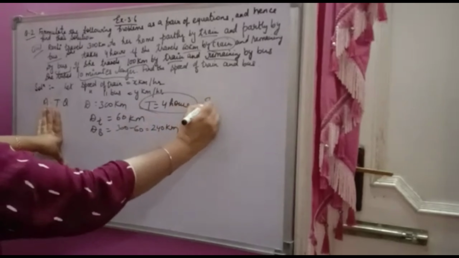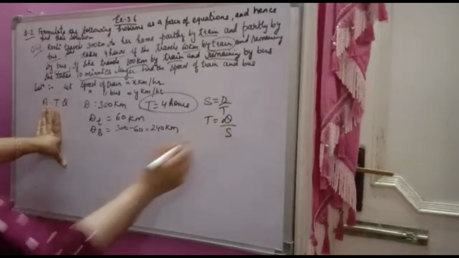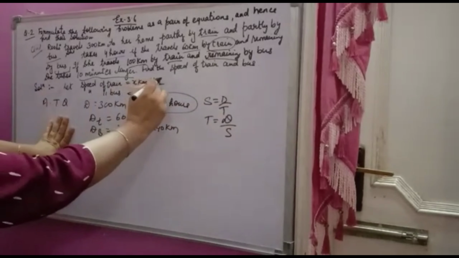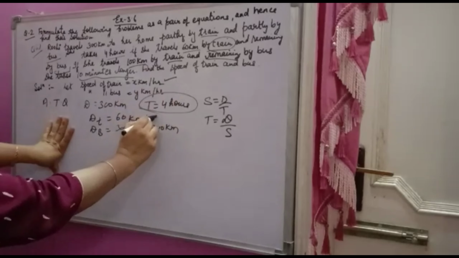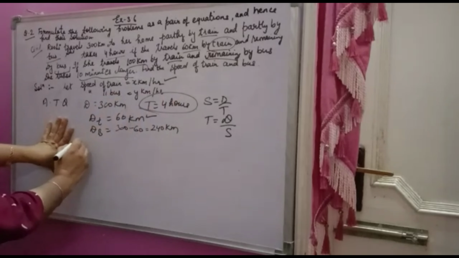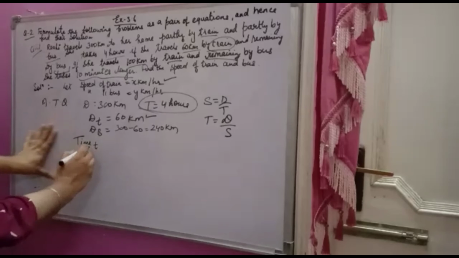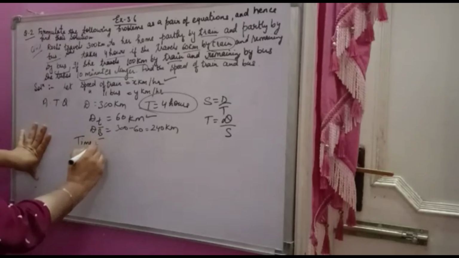So you know speed is equal to distance over time, so time will be equal to distance over speed. According to this, using the speed of train and distance by train, you will find the time of train. I am writing T for train and B for bus.